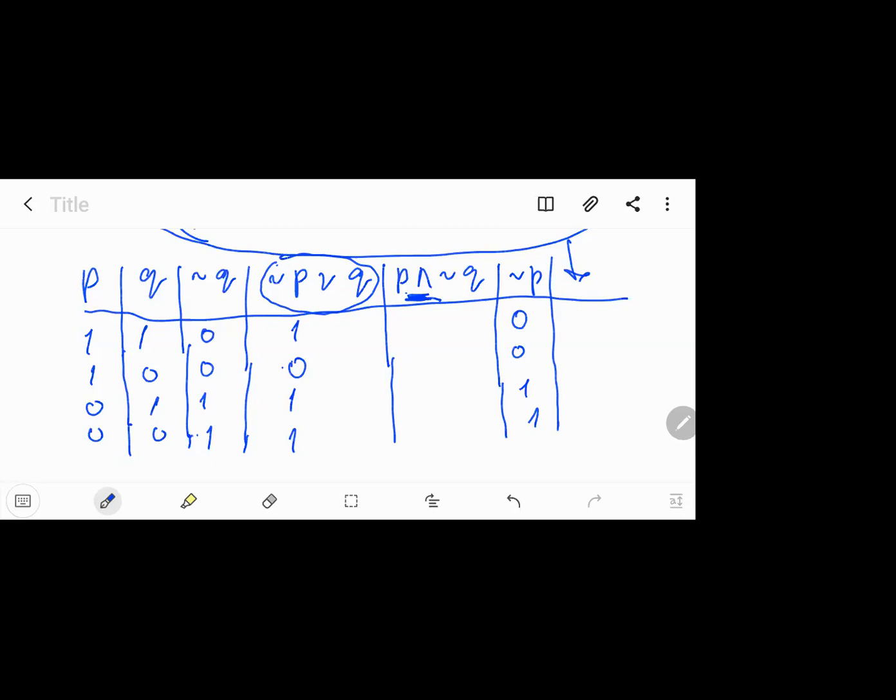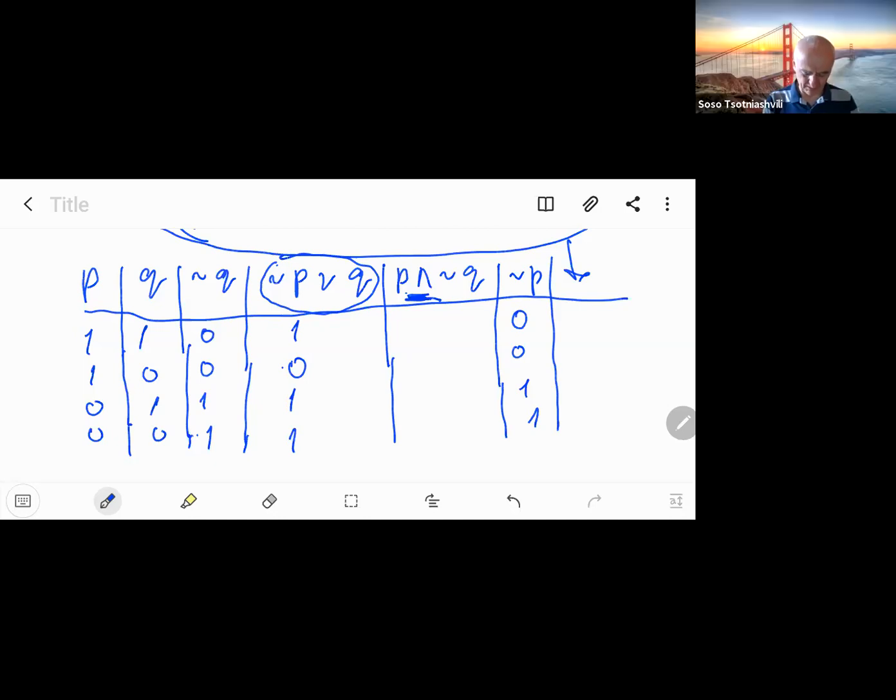Excuse me, I think that there is a mistake in not Q. It should be 0, 1, 0, 1 instead of 0, 0, 1, 1. Oh, thank you very much. Absolutely. Not Q: here must be 0, 1, 0, 1. Okay.